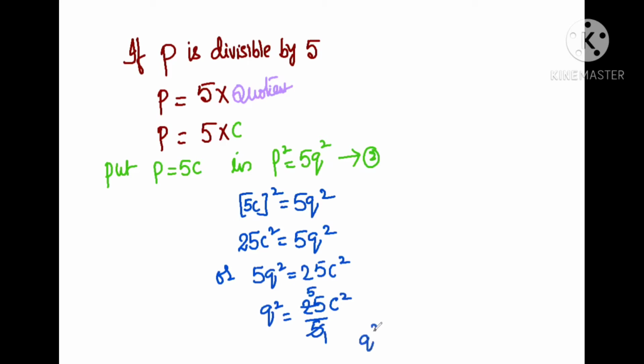Q square is equal to 5c square. We got the same situation as the previous one. Here, if q square is equal to 5 into c square, means q square is a multiple of 5.